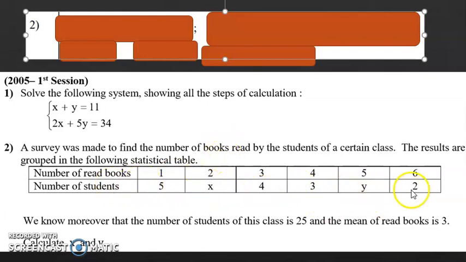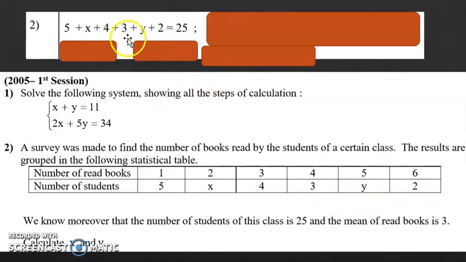So these are the number of students, and the total is 25. So 5 plus X plus 4 plus 3 plus Y plus 2 is equal to 25. Simplify this, take the numbers to the other side and leave the unknowns on the left side. You'd get that x plus y is equal to 11, which is the same as the first equation in this system.